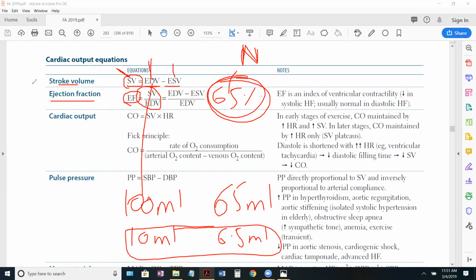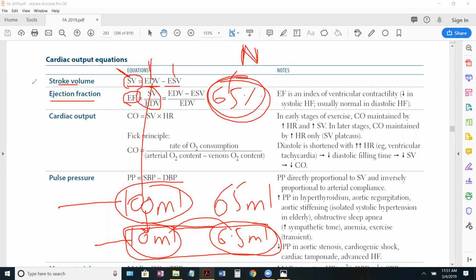65%. So this is the normal ability of the heart to relax and allow the blood to enter. And this is the second heart, which has such stiff walls that it does not allow the normal amount of blood to enter, and the stroke volume is less.